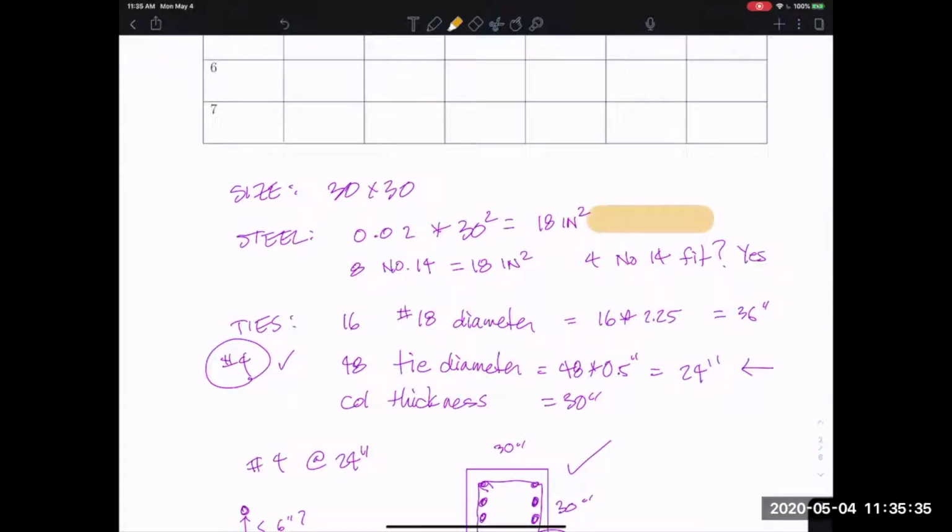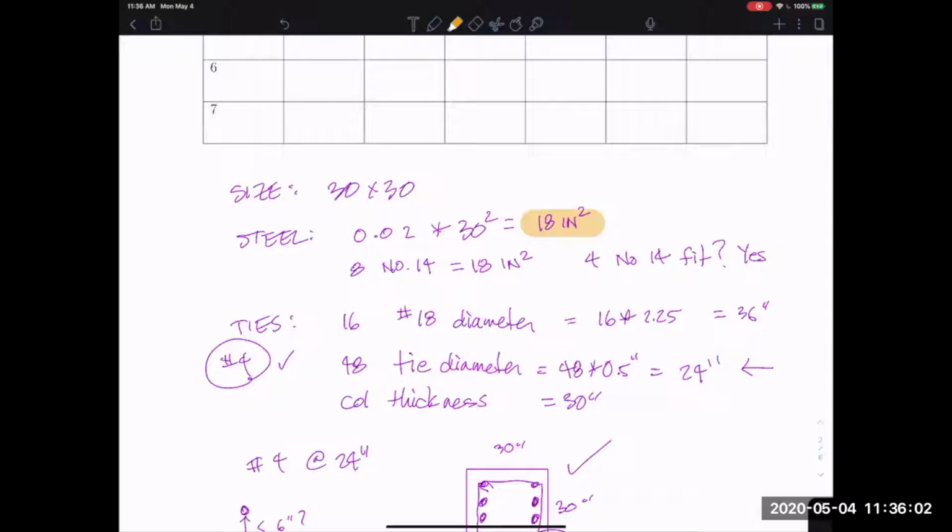And 18 square inches, if you remember, was exactly what I typed into the spreadsheet. And so on the spreadsheet, 18 square inches of steel in a 30 by 30 column fell exactly on the interaction diagram. So my interaction diagram matches the ones in the book exactly.